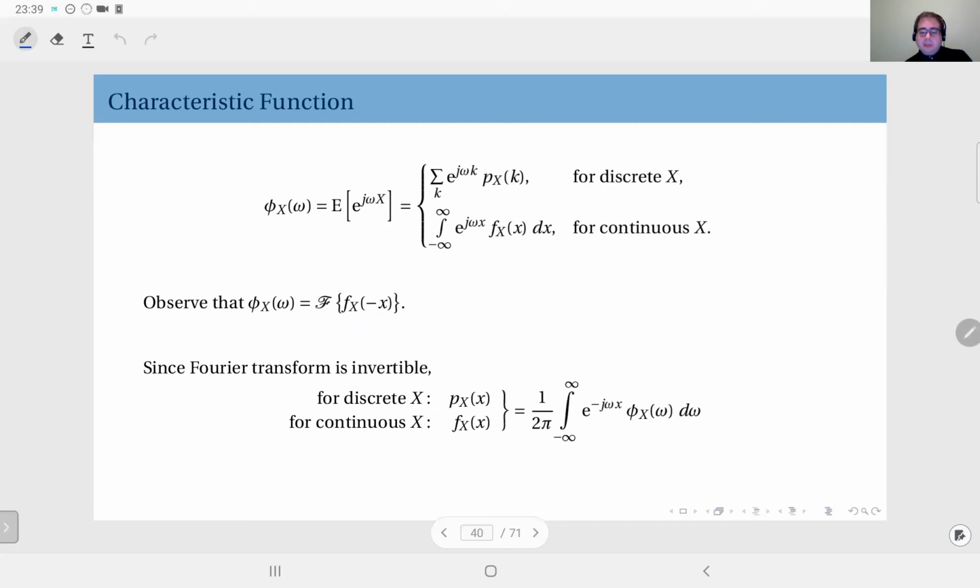It's invertible. Therefore, for discrete random variables, you can obtain the PMF. For continuous distributions, you can obtain the PDF by applying the inverse Fourier transform to the characteristic function, okay, which is given here. You have a normalizing multiplier here, 1 over 2 pi, and here in the integral, you have in the exponent, you have a minus sign, okay?